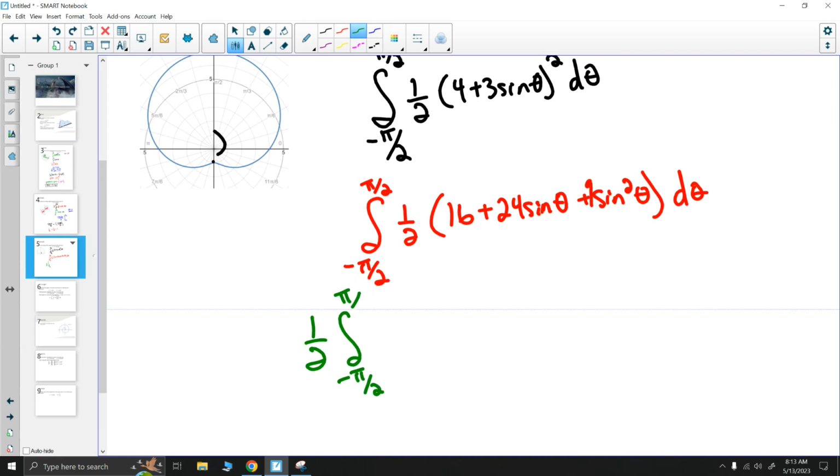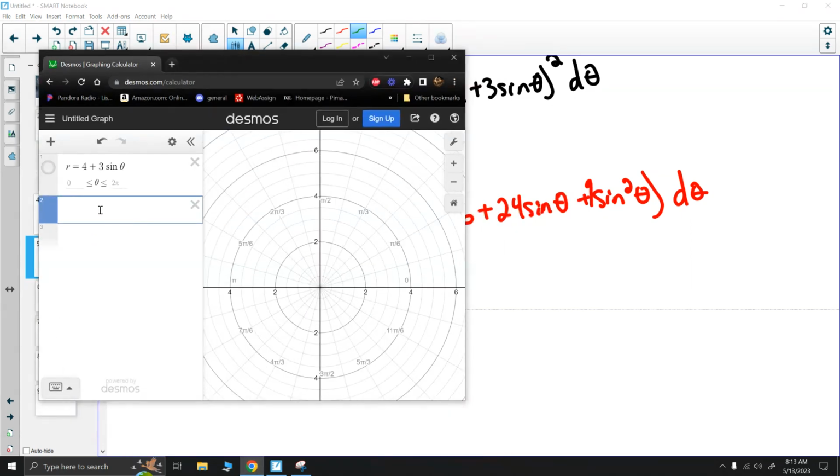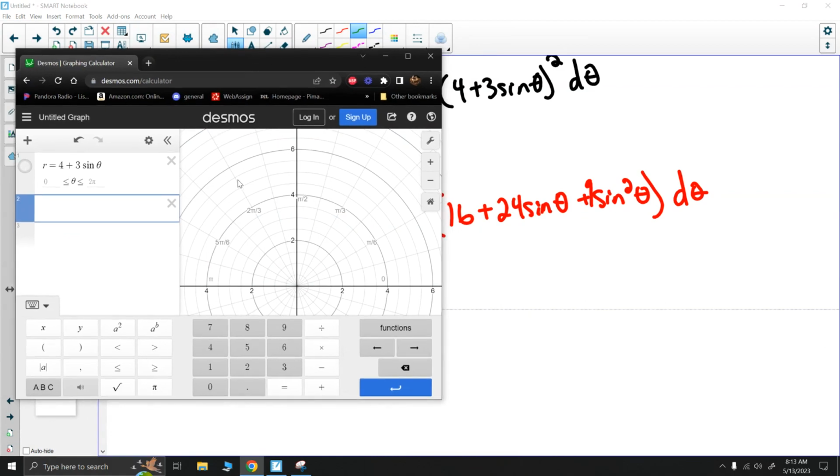Now, just like in our previous one, it is worth noting what our actual function that we're integrating looks like. So we're taking 16 plus 24 sine theta, or x here, plus 9 sine squared x, something like that.